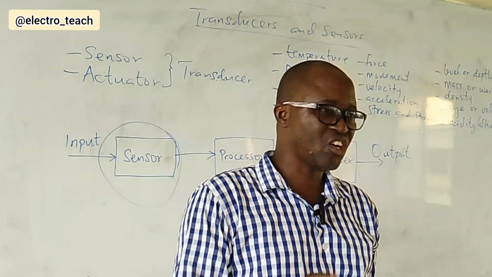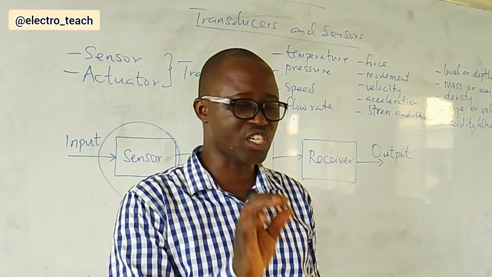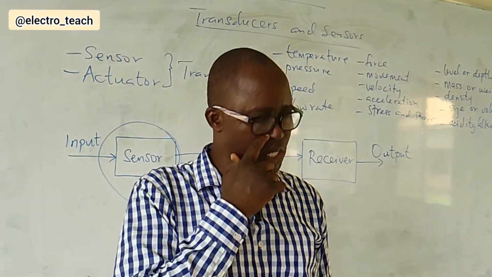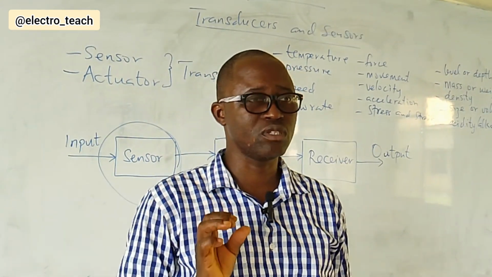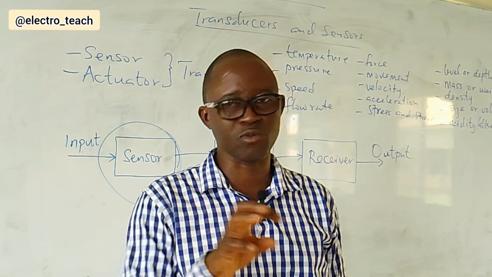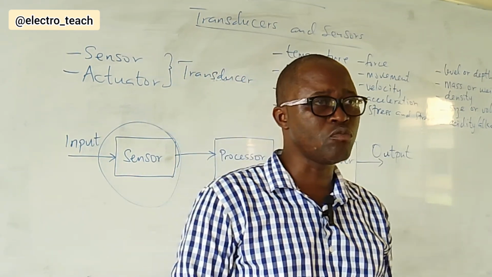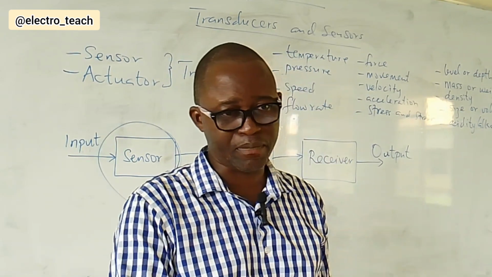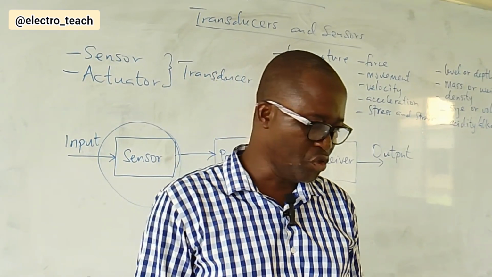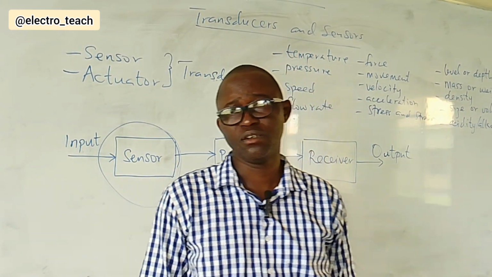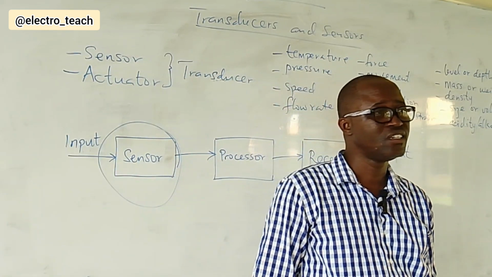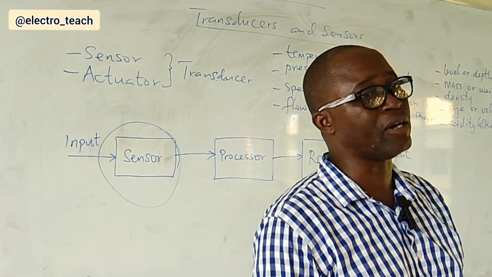The sensors may be a simple thing, maybe just a switch. For instance, an on and off switch can be the sensor that gets information from somewhere. For example, if you want to detect a particular object moving here, you can use a proximity switch. Have you heard about that before?